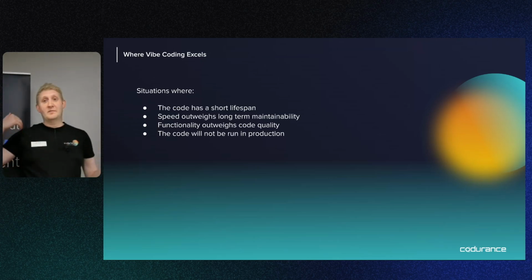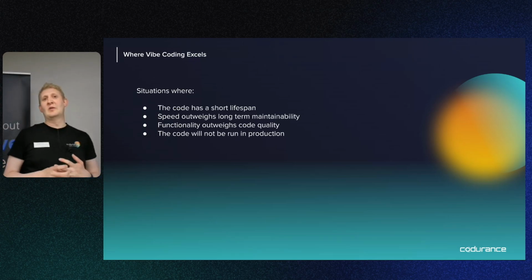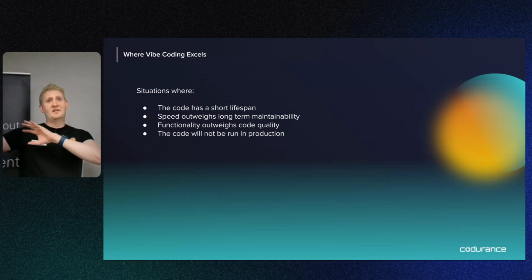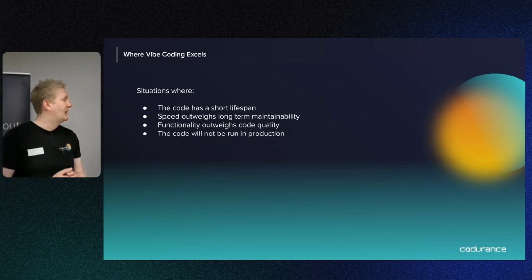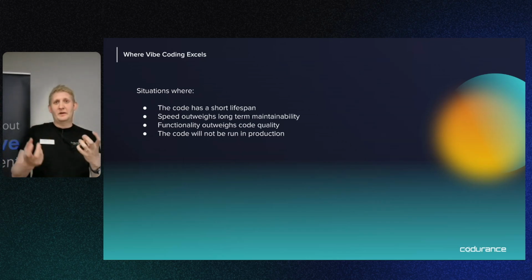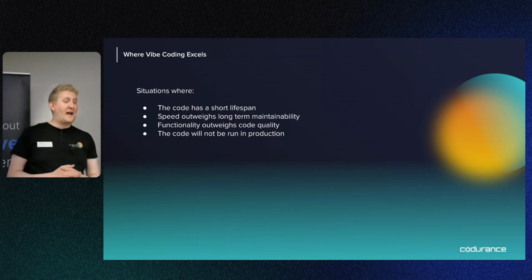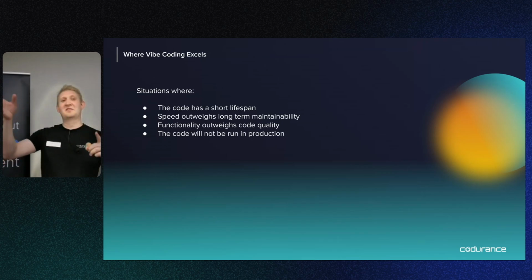I want to build something very quickly to prove an idea, or work out where I should invest my time next, or whether this is worth investing in further. And generally the functionality you're building, so you want to see this feature, tends to outweigh the code quality. Someone mentioned code slop before.